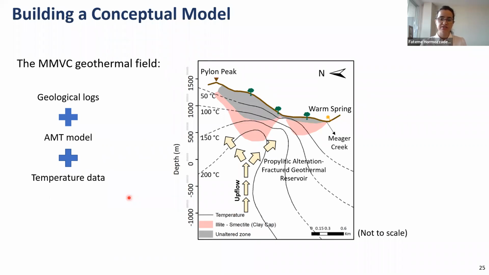We can also consider the direction of fractures that can be productive in the area. This model is a schematic conceptual model for the Mount Meager Volcanic Complex based on geological logs, our AMT model and the temperature data.